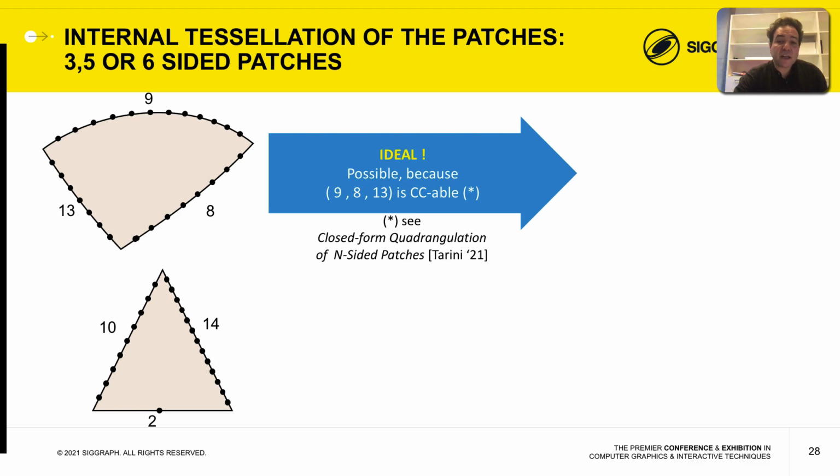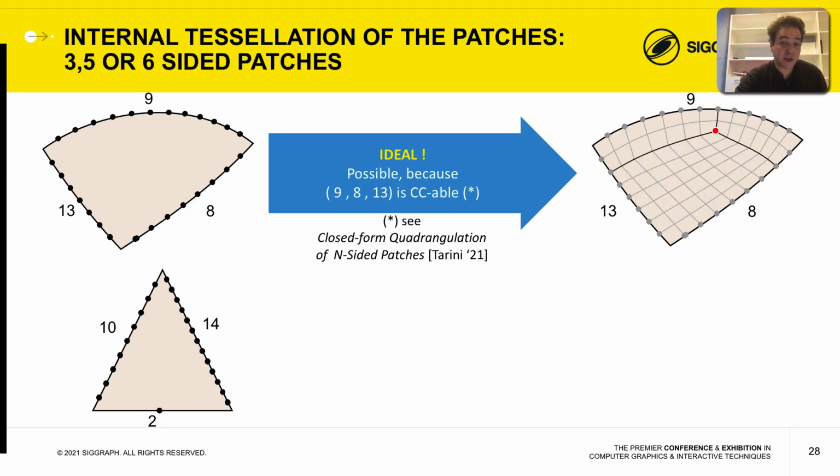We can tell if this is the case by just looking at the number of subdivisions on the sides and applying some simple rules, which are defined in the paper by Tarini in 2021. For example, this triangular patch with 13, 9, and 8 edges is Catmull-Clarkable according to the rules, and so we can tessellate it in an ideal way by placing only one irregular vertex in the interior.